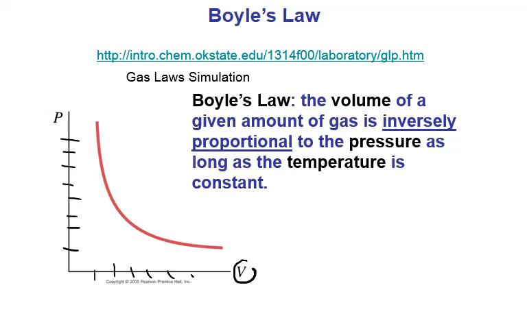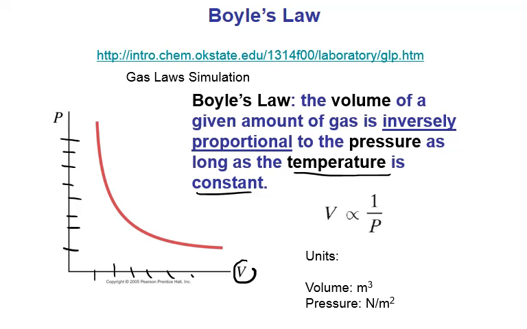And as pressure drops, if we keep temperature the same, that's what will happen there, and that's Boyle's law. So volume is inversely proportional to pressure in Boyle's law. What we're going to be using for volume is meters cubed, and then pressure is going to be in newtons per meter squared, and also pascals. 1 newton per meter squared is 1 pascal.